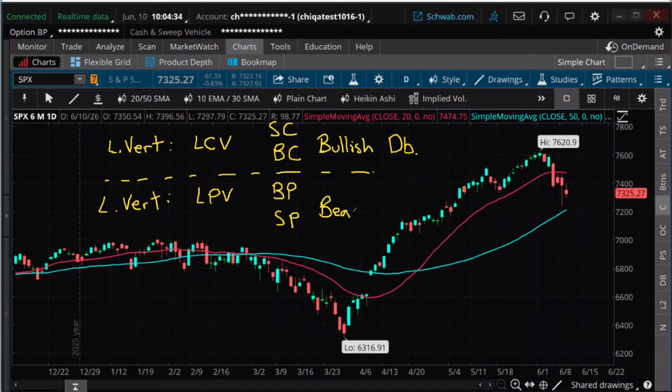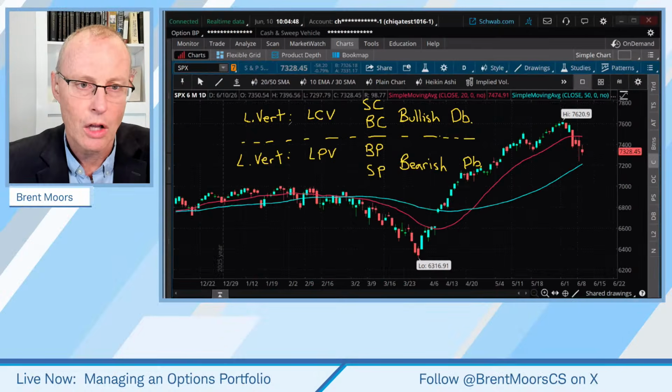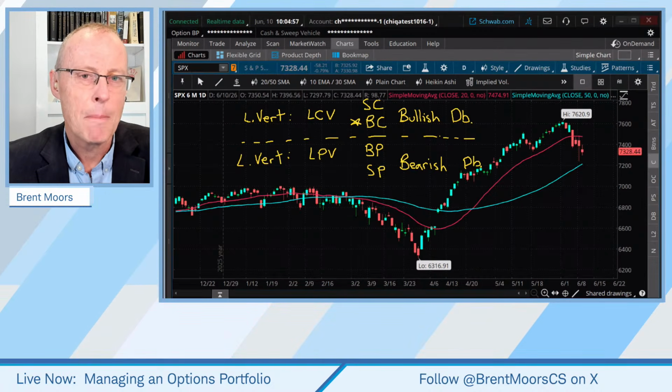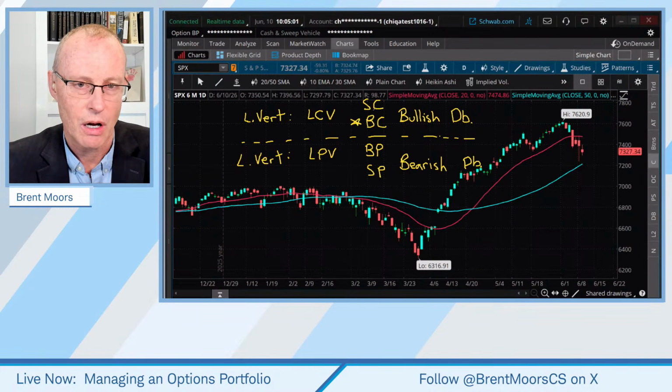One way to think about these is as opposed to just buying a long call, which as you probably know is a bullish trade, a long call vertical is similar in the sense that you're still buying that long call. That's the same, but you're also going to cut down the cost of that trade by selling that short call at the same time. Same thing with a long put.